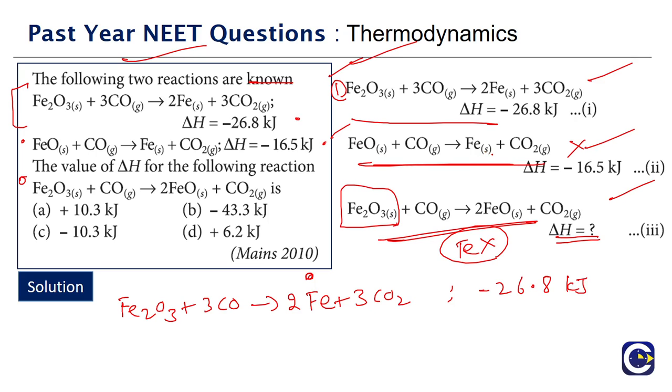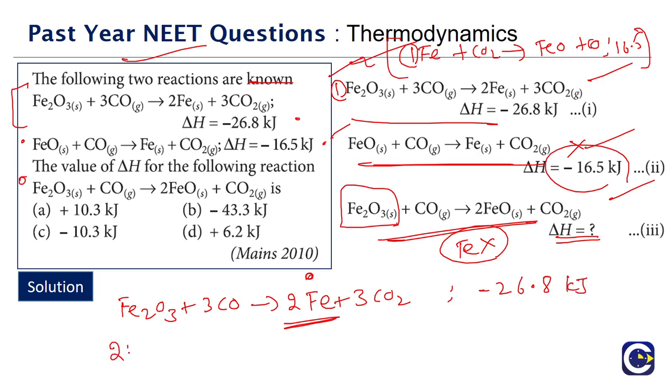Reversed, it becomes Fe plus CO2 gives rise to FeO plus CO, and the enthalpy becomes minus of minus 16.5, that is 16.5. But to cancel, we need 2 moles of Fe on the reactant side, so we multiply by 2: 2Fe plus 2CO2 gives rise to 2FeO plus 2CO.